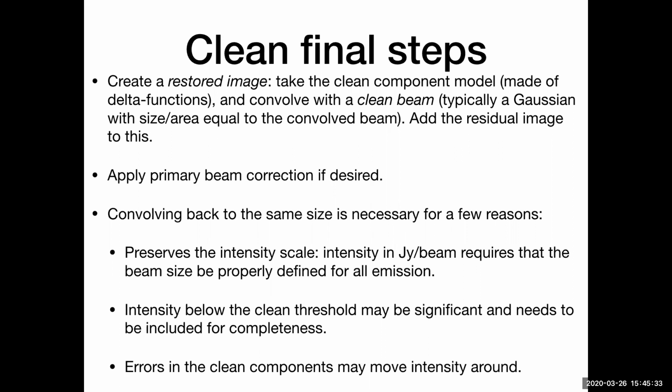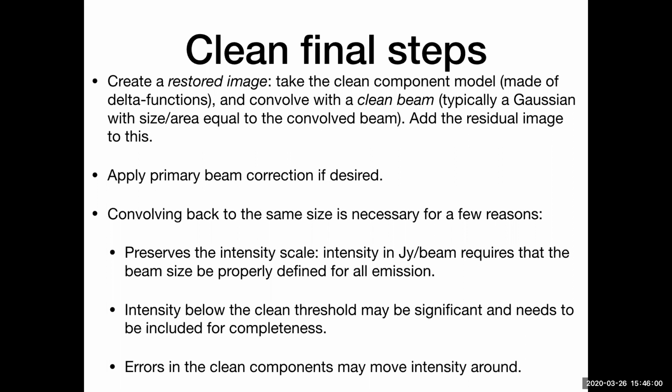And then you add that back to your residual image. The reason you do that is the Gaussian clean beam is nice because it has no side lobes. It's just a nice smooth function with no weird behavior at the edges. But it does give you sources back that have the same size as your original synthesized beam.